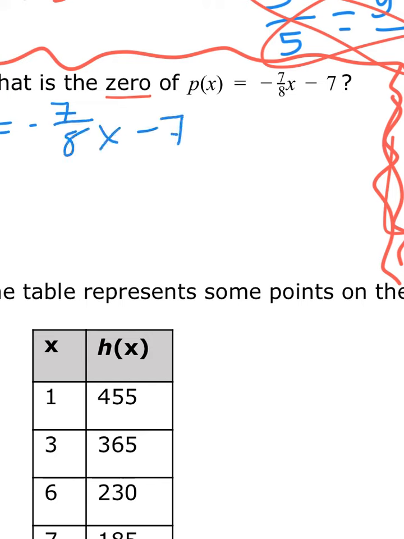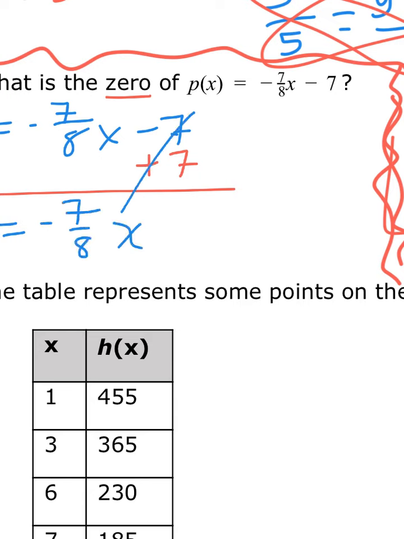We solve for x. We can add 7 to both sides. So 7 equals negative 7 over 8x.